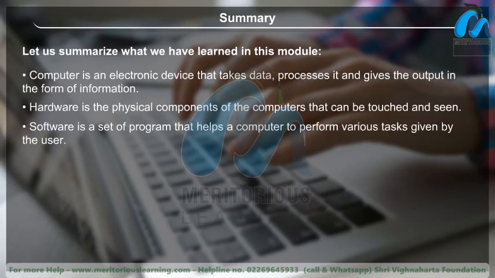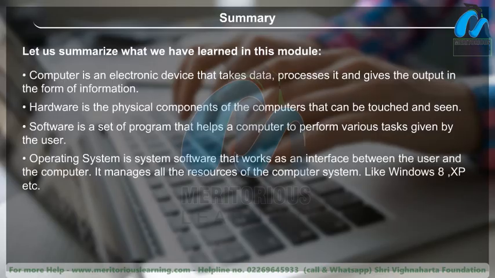Software is a set of programs that helps a computer to perform various tasks given by the user. The operating system is system software that works as an interface between the user and the computer. It manages all the resources of the computer system, like Windows 8, XP, etc.